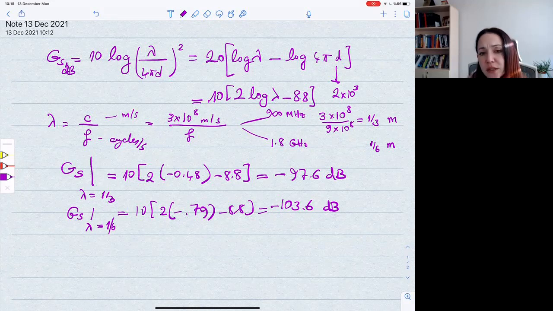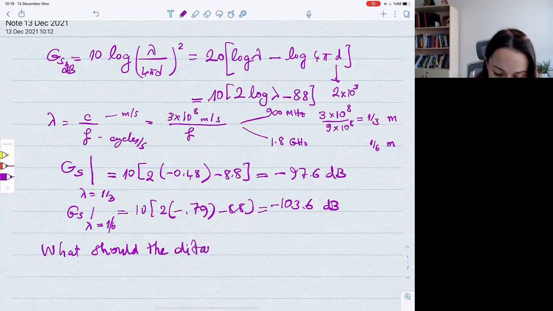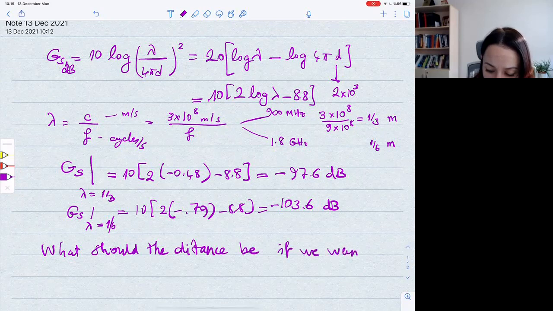Now, how about with distance? How does this thing go with distance? Again, similarly, right? So the second part of the question asks us, what should the distance be if we want the received power to be 0.1 dBm.